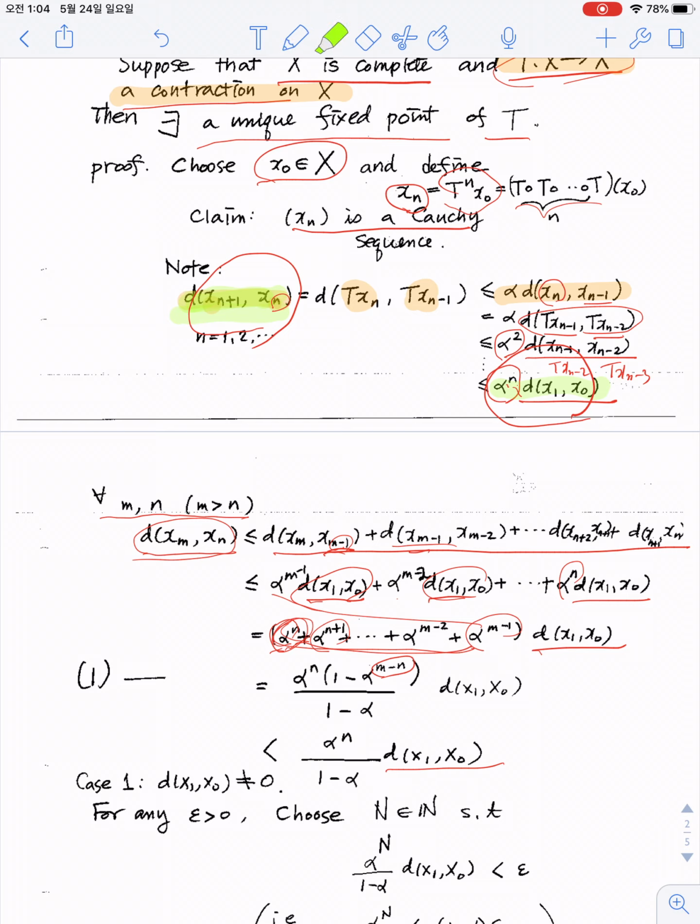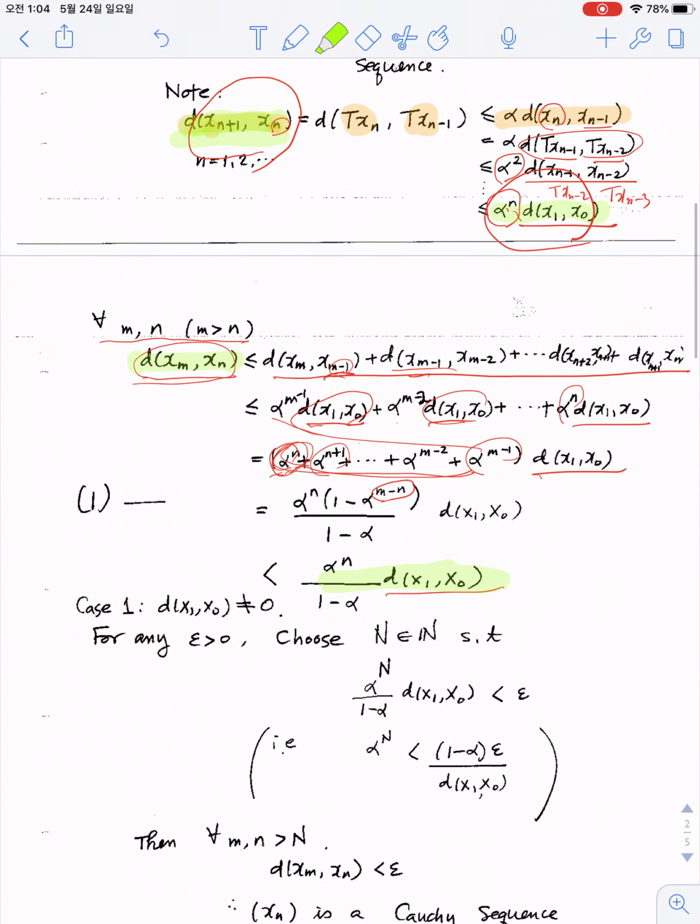So for every m and n, d(xn, xn) is less than this one. Okay, so if the distance between x1 and x0 is non-zero, then for every epsilon you can choose n such that (1 minus alpha) to the n is less than epsilon, because alpha is between 0 and 1.